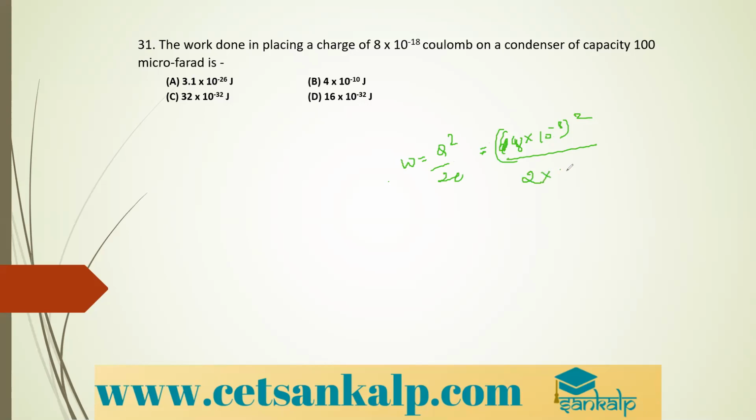C value is given as 100 microfarad, so 100 into 10 raised to minus 6. If you simplify this, you will get option C, the correct option here. You need to simplify by using this formula.